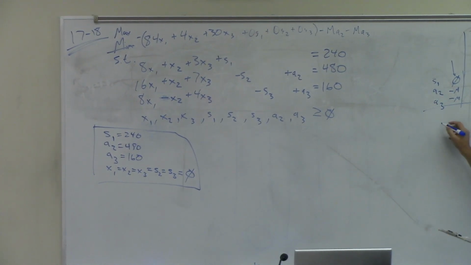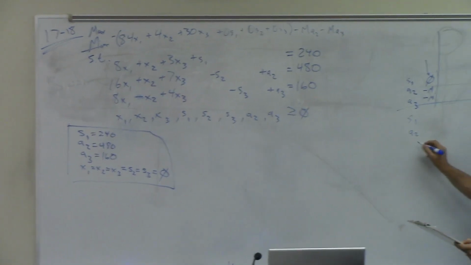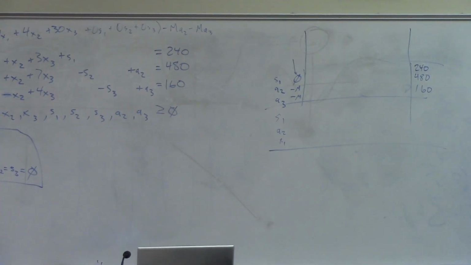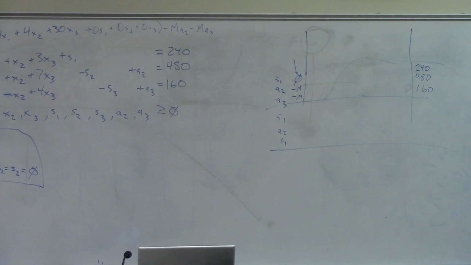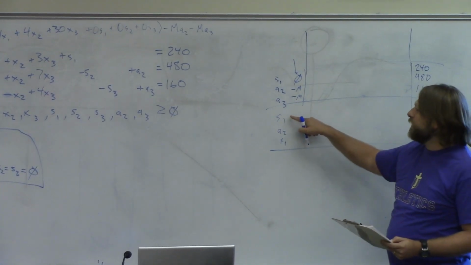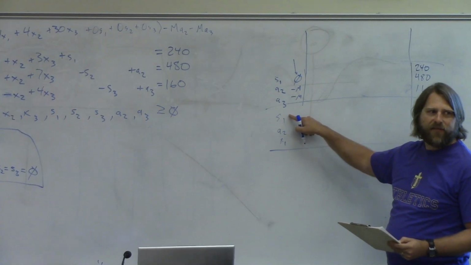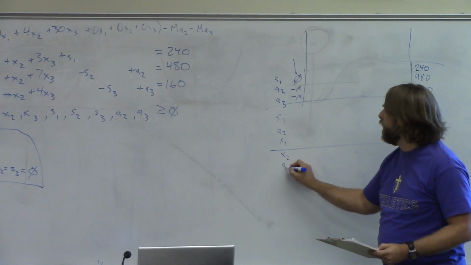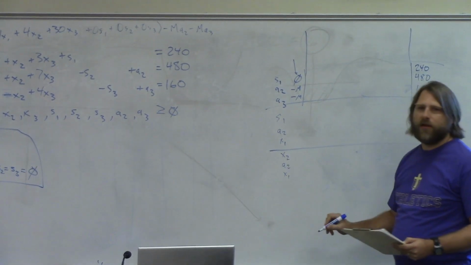So your new basis should have been S1, A2, and X1. That should have been your next iteration. After that, you should have replaced the slack variable with X2. So it should have been X2, A2, and X1.